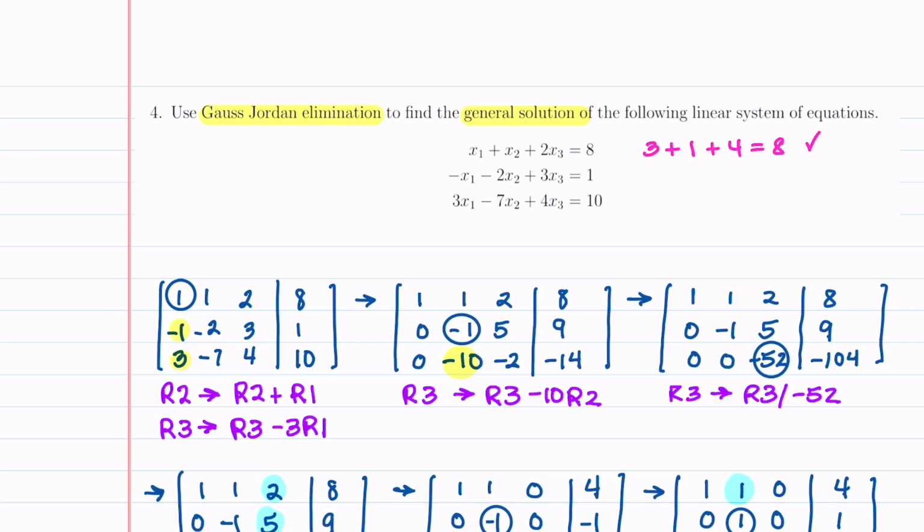That works. And then we have minus 3, minus 2, plus 6 is equal to 1. That checks out. And lastly, 9 minus 7 plus 8 is equal to 10. And our left-hand side is equal to our right-hand side. So we know that when we got all the way through that complicated algorithm, we came up with the right solutions.